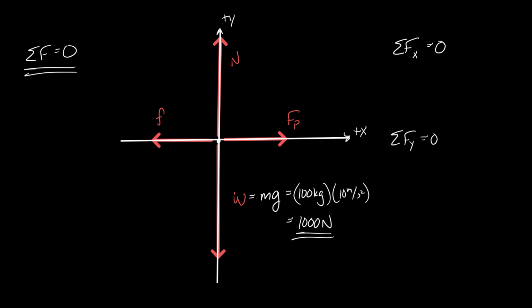I don't know what to do with it yet, but I do know that normal minus weight equals 0. Do you guys see why I know that? Net force in the y direction is 0. Those are the two in the y direction. That suggests that normal equals the weight. So normal is 1,000 newtons.